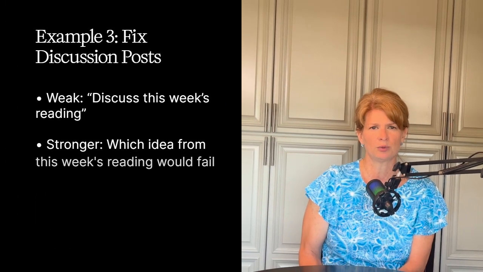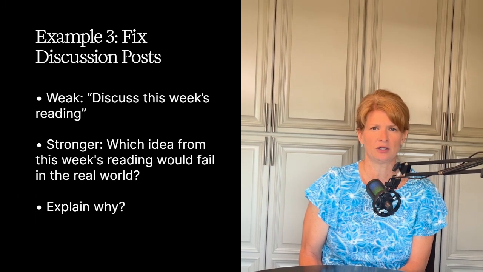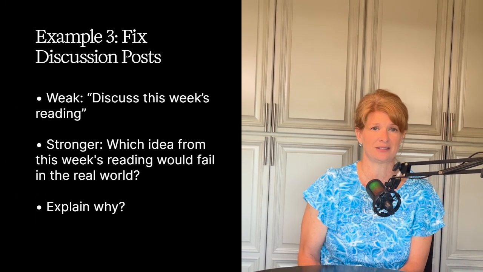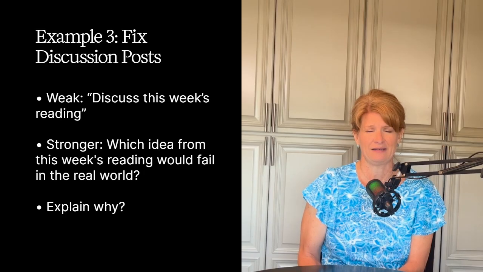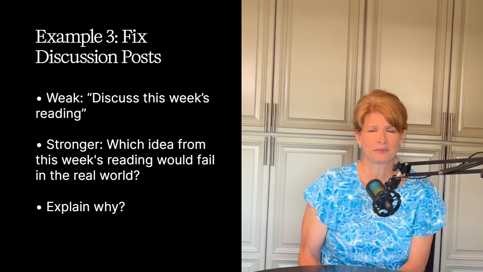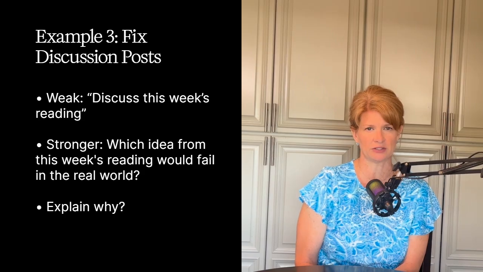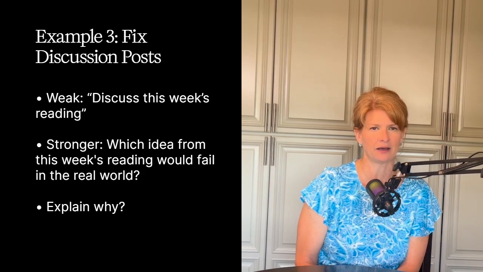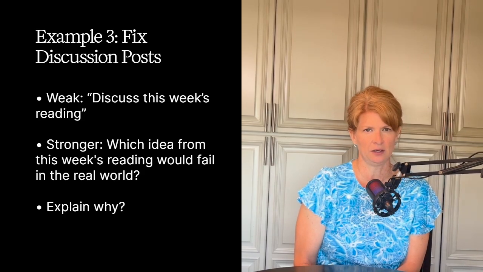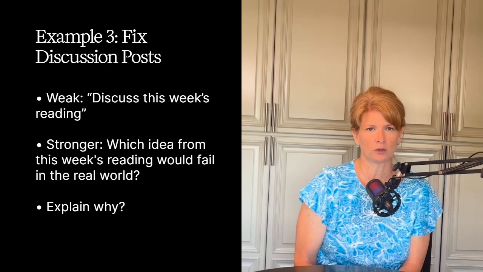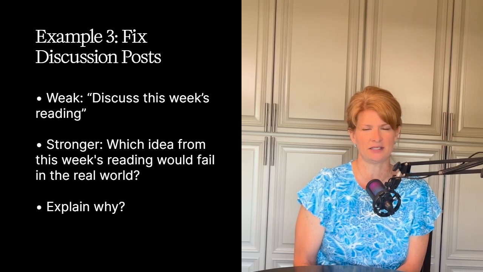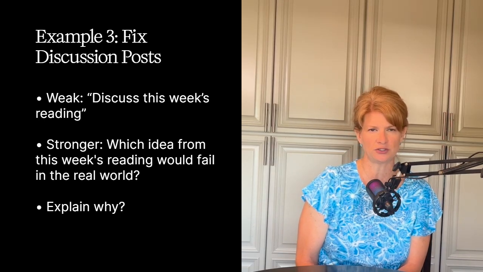A third example, and this one's for anyone teaching online who's tired of those discussion posts that they feel are written by nobody. The weak version is discuss this week's reading, but a stronger version would be which idea from this week's reading would fail in the real world. Pick one, explain why, and tell me what you'd change about it.